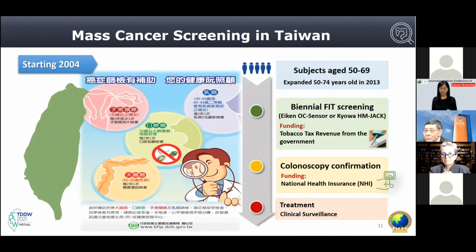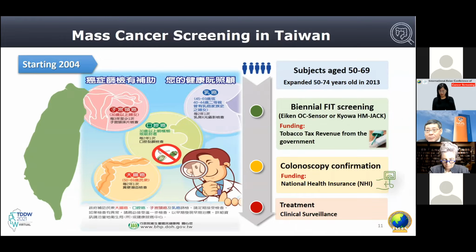Hi, I'm Wendy. It's my honor to share the implementation of mass cancer screening in our country. After a successful pilot study, a nationwide cancer screening service program was launched in 2004 by our government.